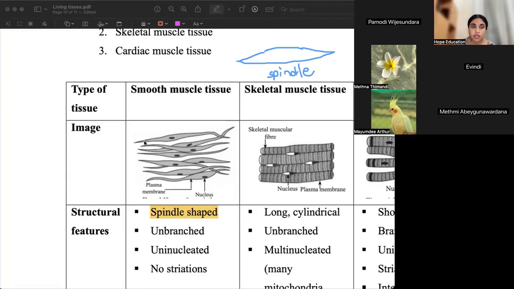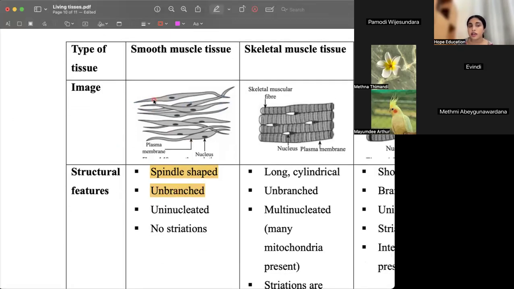The corners are very narrow, but the middle part is a bit thick. That is what we call spindle shape. The mid part is a bit wider and the corners are very narrow.